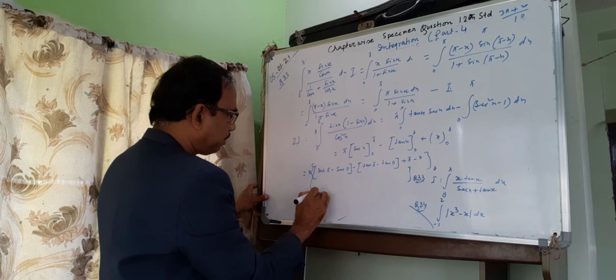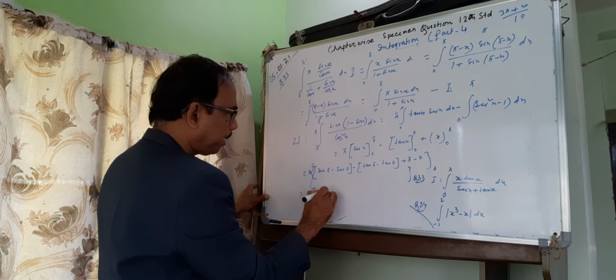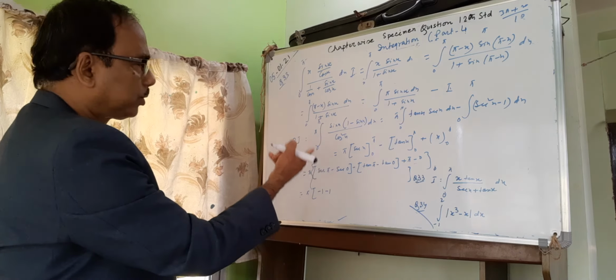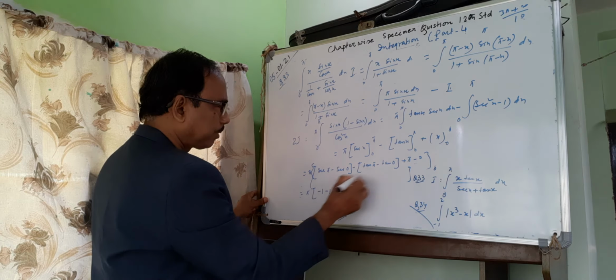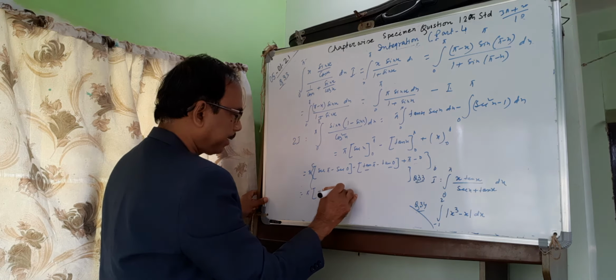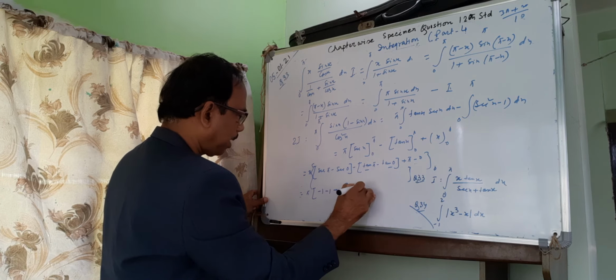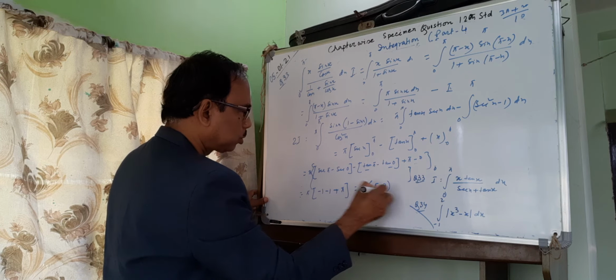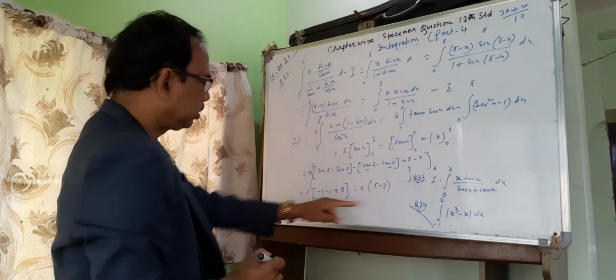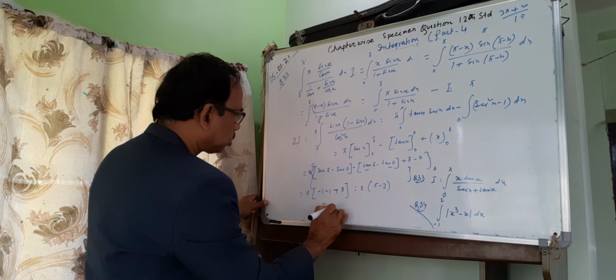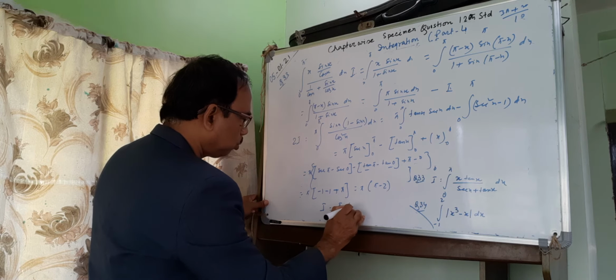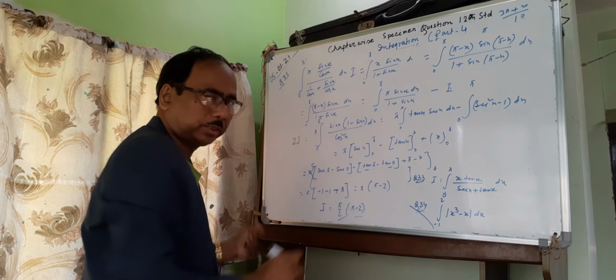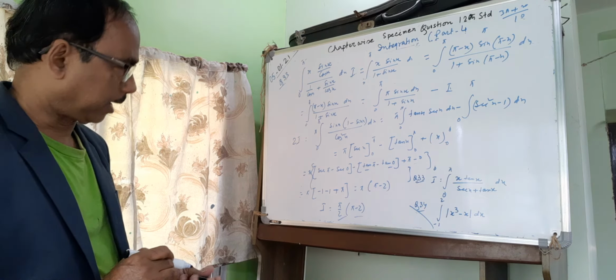Sec pi is minus 1, minus 1. Tan pi is 0, plus, this is 0 plus pi. That is pi minus 2. The 2I value is this, therefore I equals pi by 2, pi minus 2. That is your final answer.